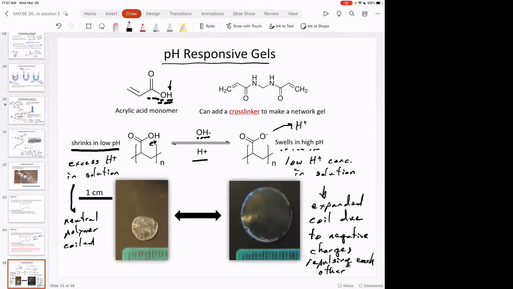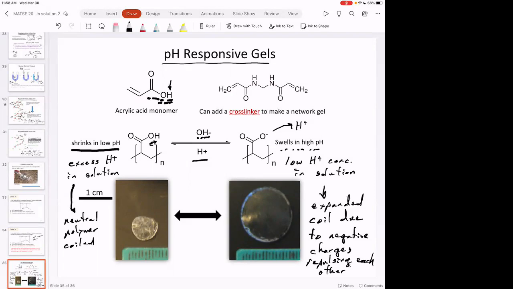So there's a whole host of different environmentally responsive or pH responsive or responsive polymers in general to light, heat, chemical gradients, other things like that. So now the polymers are moving depending on what chemistry we put inside them and what stimulus they see.